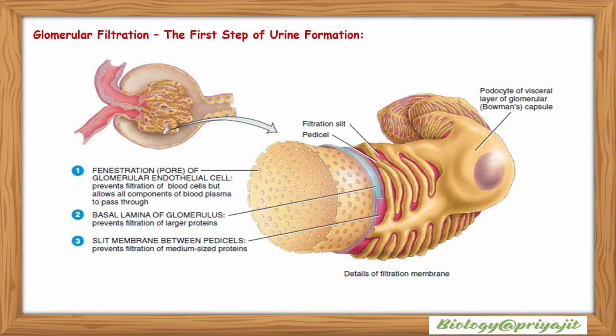Plasma, except large proteins, passes through, forming the glomerular filtrate, a mix of water, salts, glucose and waste. This process is known as ultrafiltration, and the glomerular filtration rate, GFR, is about 125 milliliters per minute or 180 liters per day in a healthy adult.